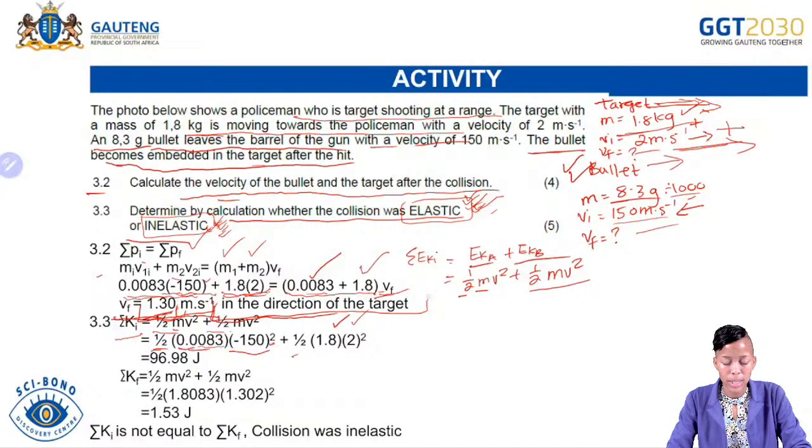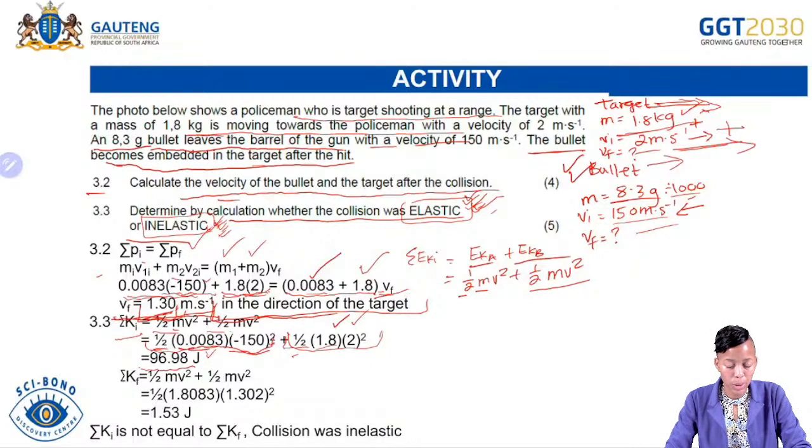So we say 2 squared. You multiply this portion, and then add it to this portion, which gives the answer 96.98 joules.